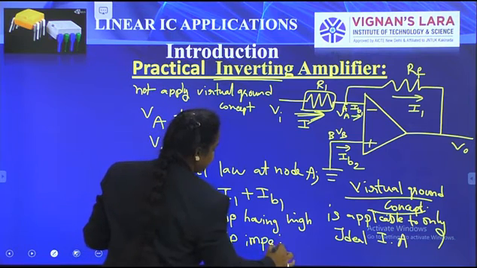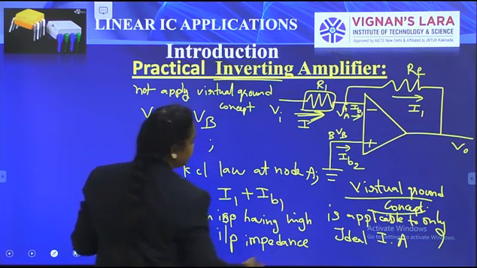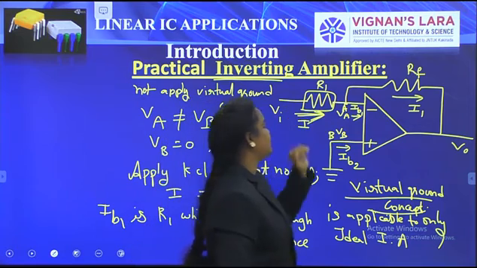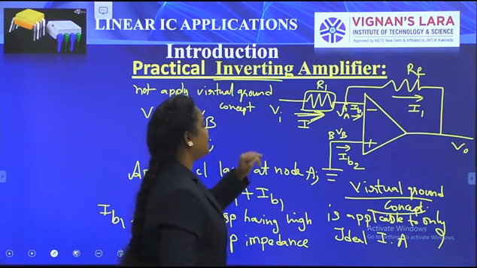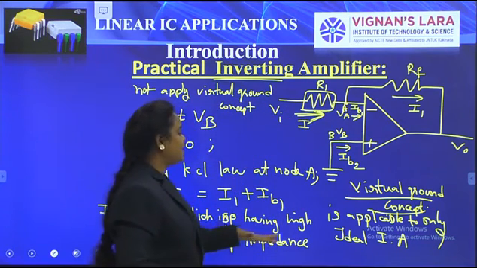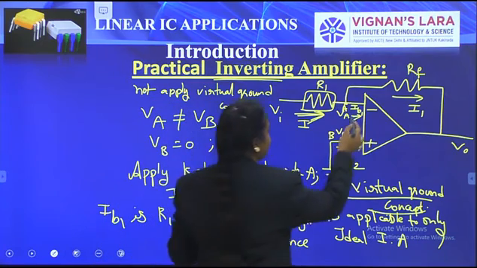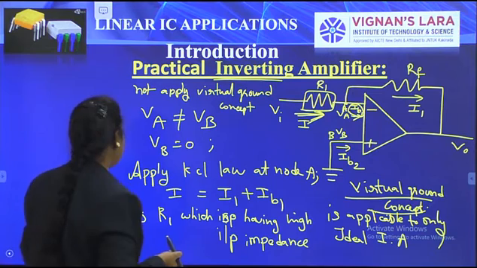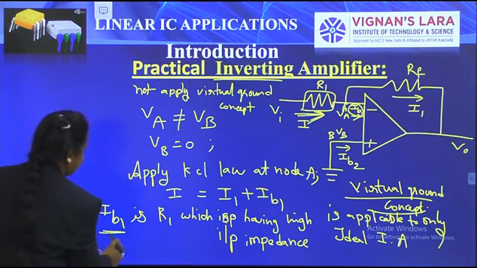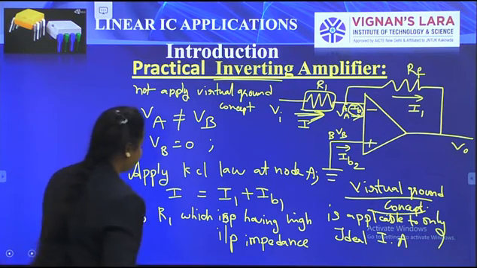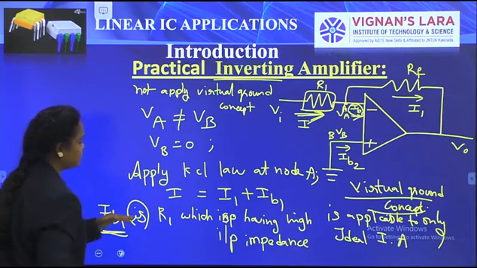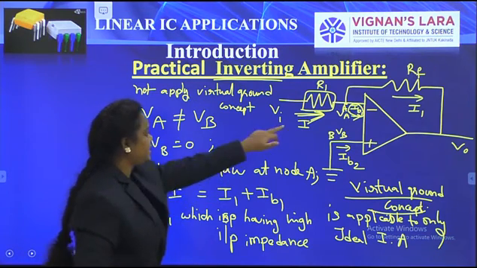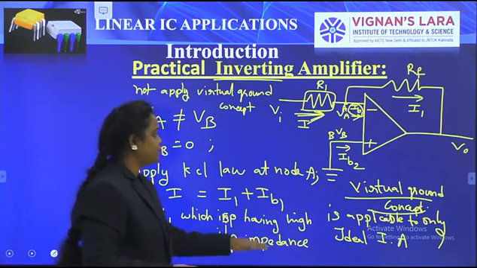So the current flowing through the inverting terminal is taken as 0. Why? Because R1, which we have taken here, has high input impedance. So IB1 is 0.